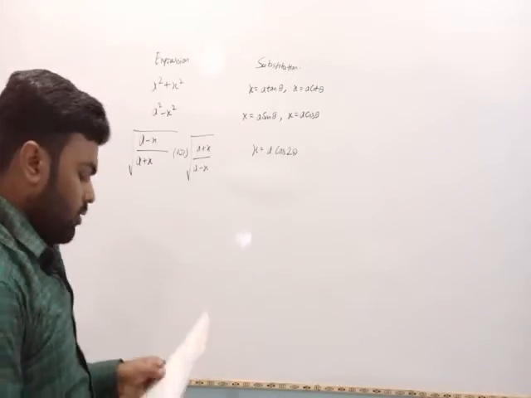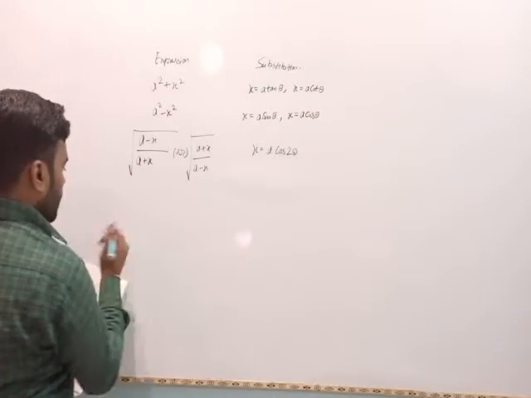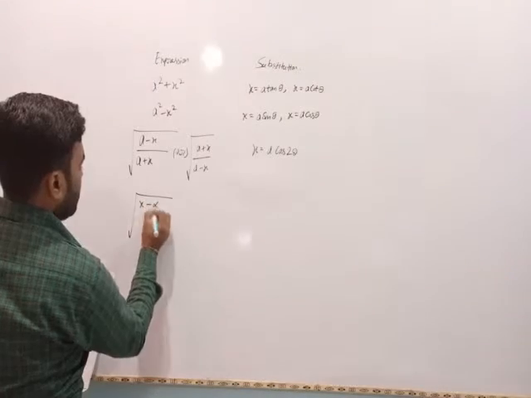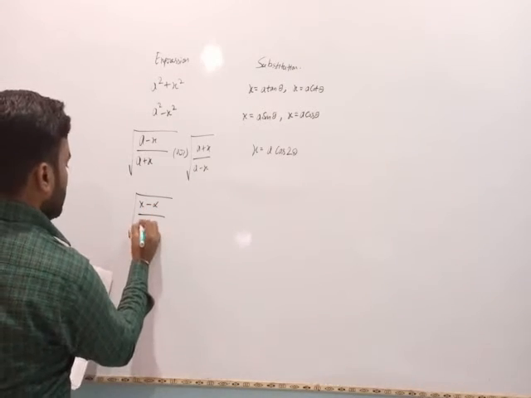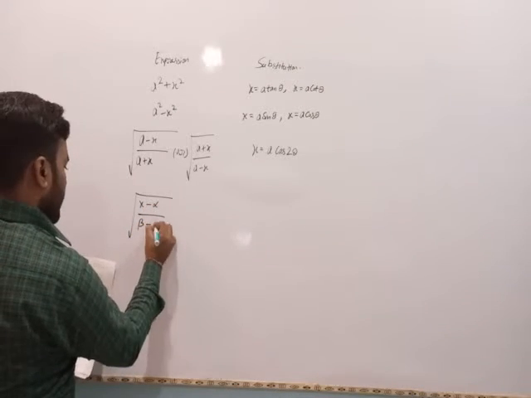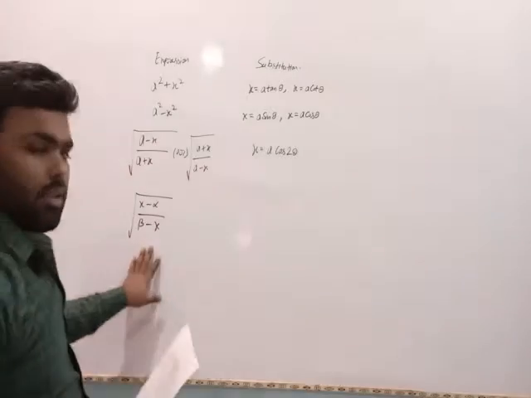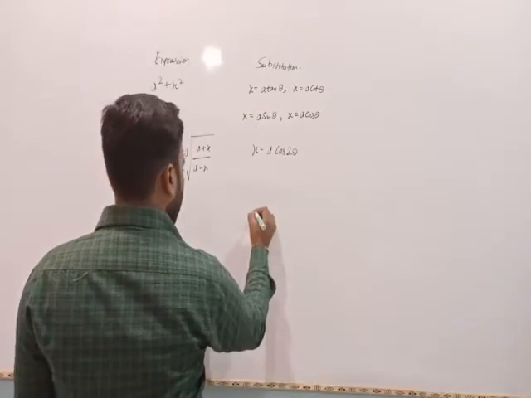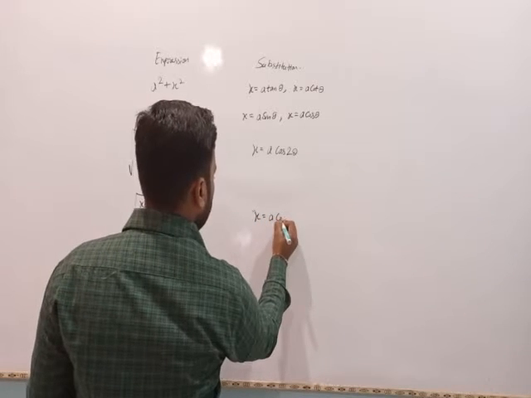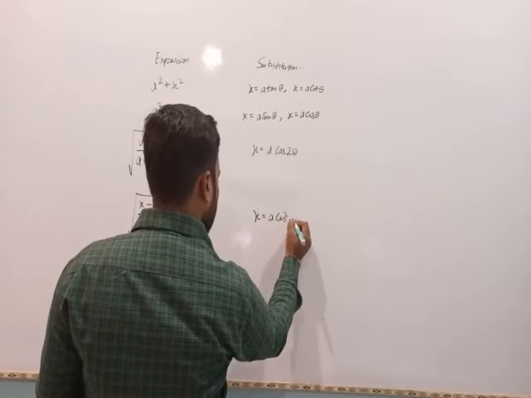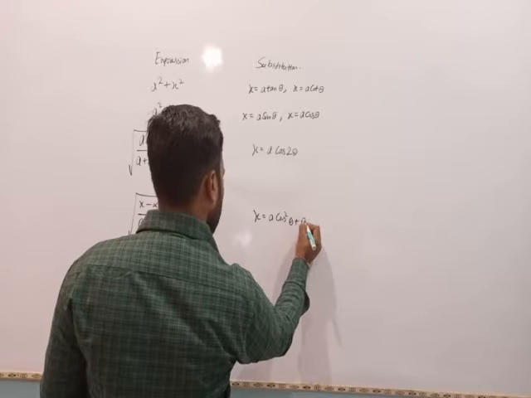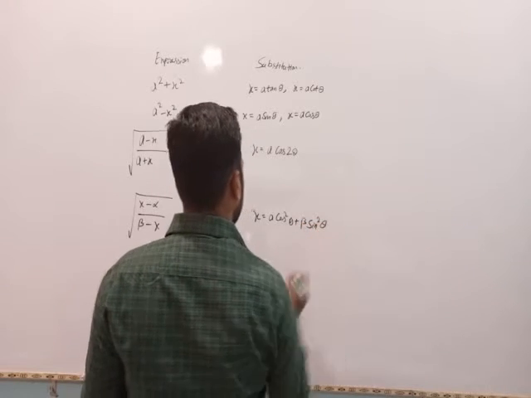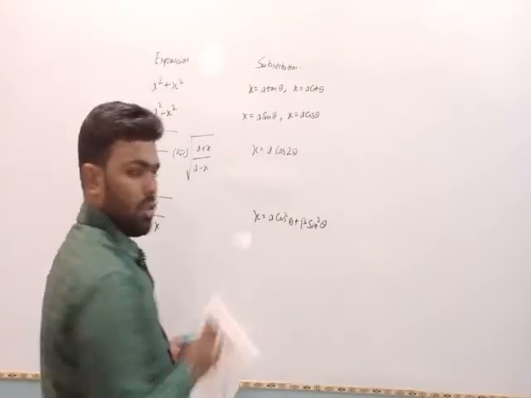Now let us see one more type of function, which is root of (x minus alpha) divided by (beta minus x). If there is a function like this, which substitution can we use? We can use x equal to a cos square theta plus b sin square theta.